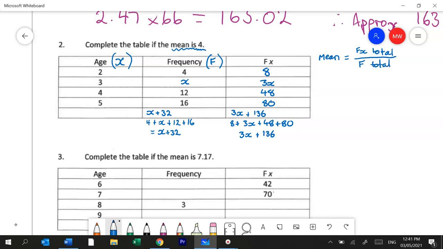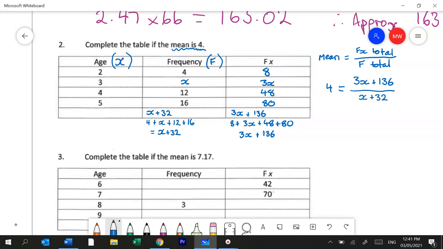Okay, let's fill in what I know. I know the mean is 4. I know that the FX total is 3X plus 136. I know that the F or frequency total is X plus 32.